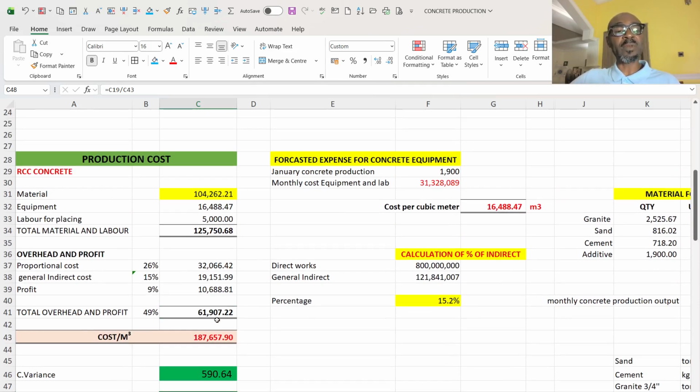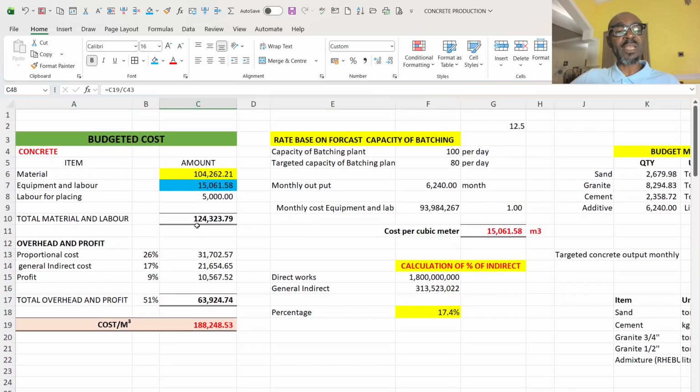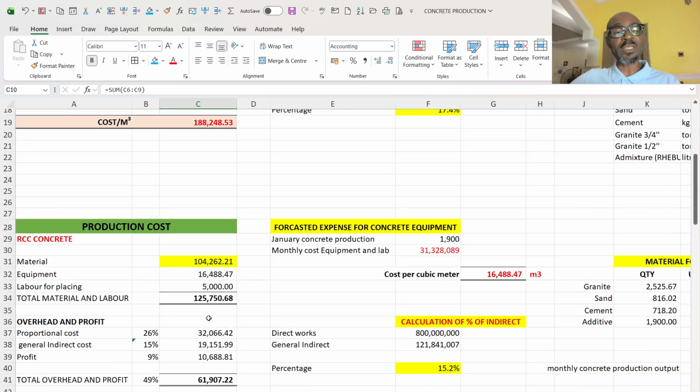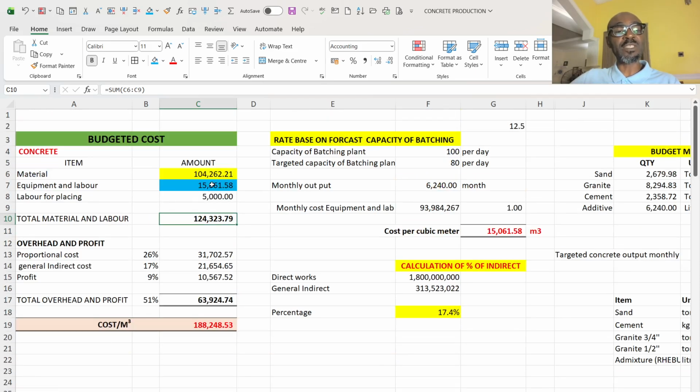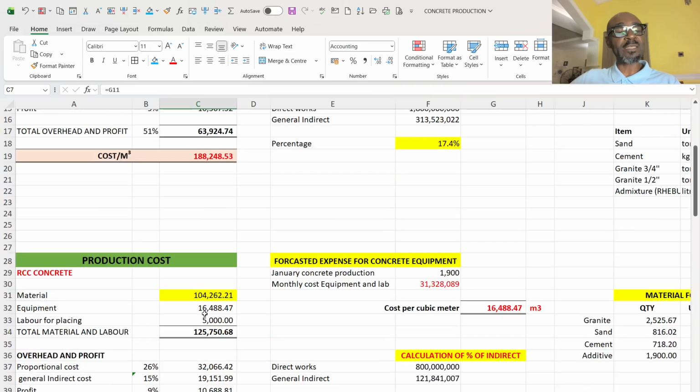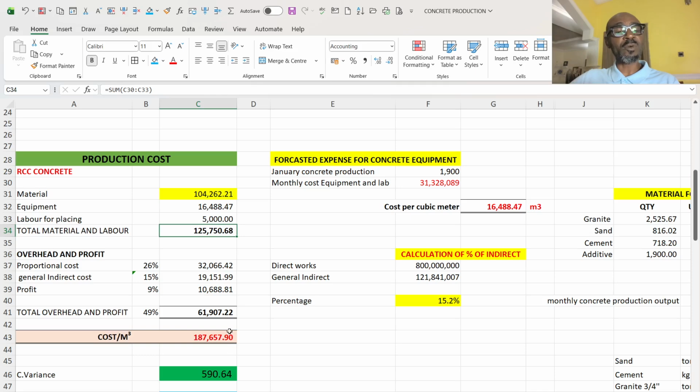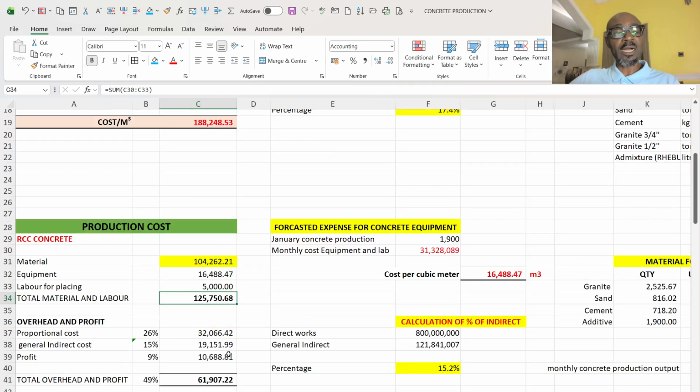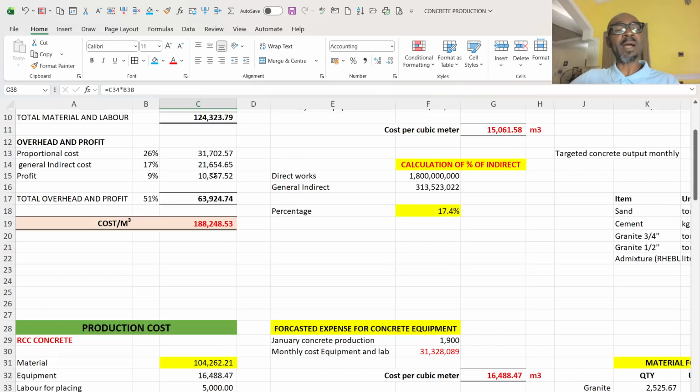And where are the places I am still losing in concrete? It is 120 in material and equipment, and basically I am losing on equipment, which is a 1,000 differential between my budgeted equipment and the production equipment. Then for the proportional cost, I am high.